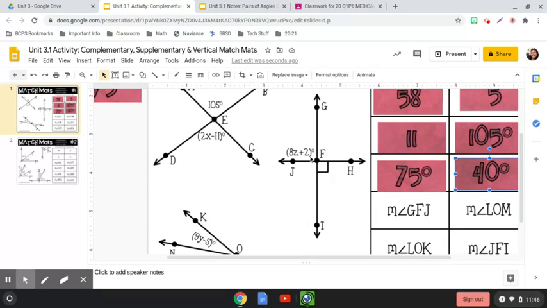So the vertical angle to GFJ is HFI, and HFI is marked as a right angle, which is 90 degrees. So we know that 8z plus 2 has to equal 90 degrees.